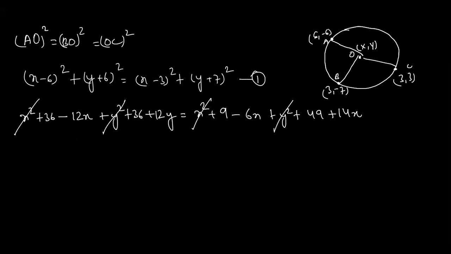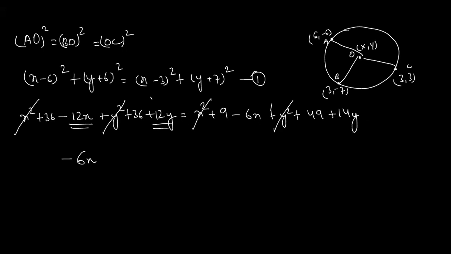This one is 12x and this one is minus 6x, so when this comes to that side it becomes positive and gives you 6x only. This is 12y, and here we have 14y.